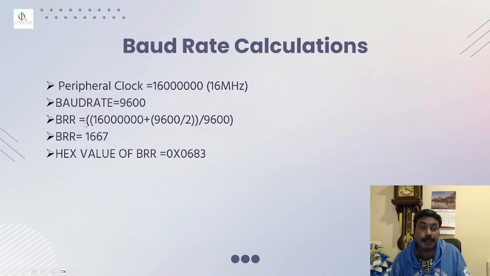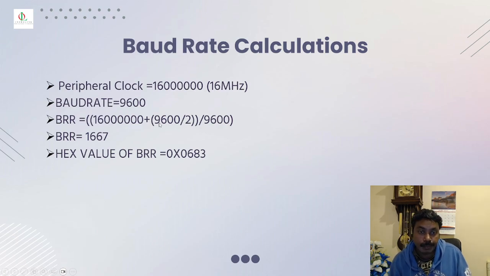To calculate the baud rate, this is the formula. It is peripheral clock plus baud rate divided by 2, the whole divided by the baud rate, and that will give you the baud rate register calculation. So we are learning about BRR, and this is the formula.